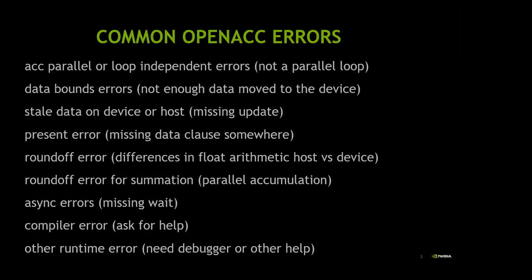And in a complex application you could forget to have a wait at the proper place. So there is a wait missing, and this is a very complex situation where to try to understand what's going on.